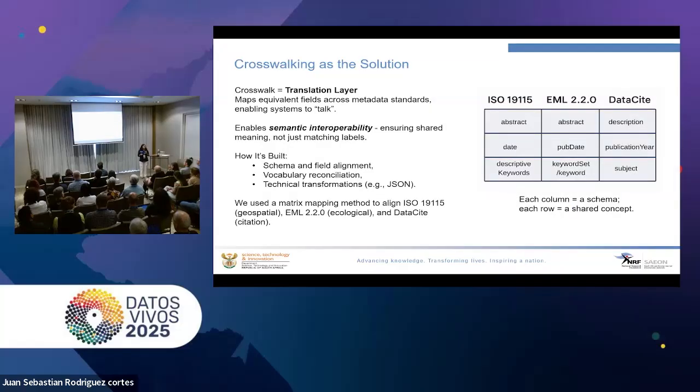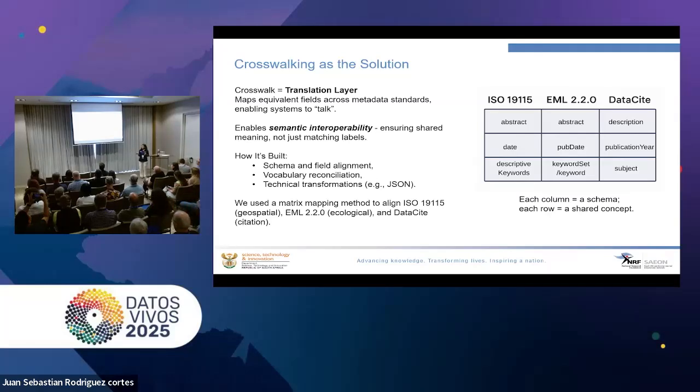So what did we actually do in order to connect these different metadata worlds within our ecosystem? We used what's called a crosswalk, which I'm sure many of you are familiar with. It's a way to enable semantic interoperability, meaning that the systems share meaning and not just labels. The approach we used was a matrix mapping method, which aligned the existing ISO 19115 and DataCite, and then included the EML.